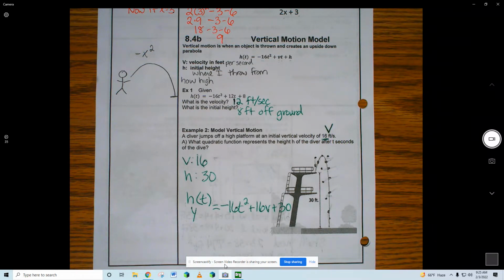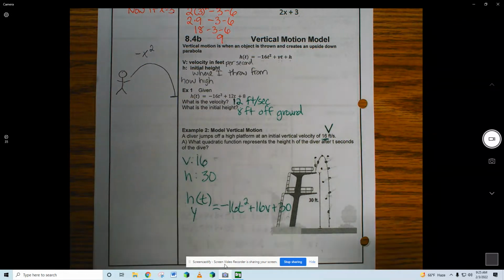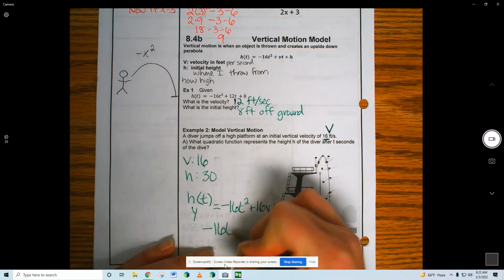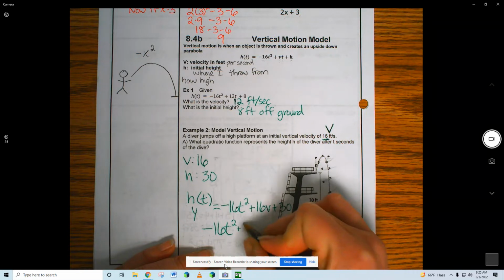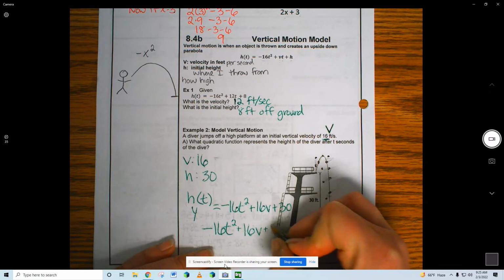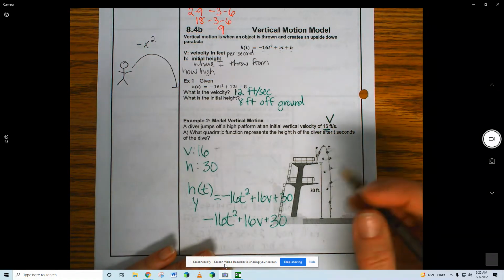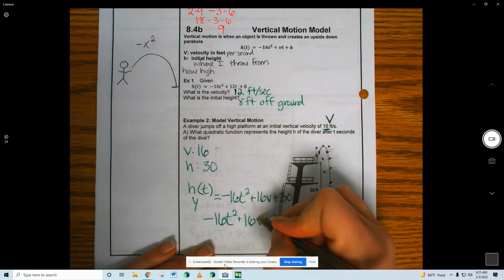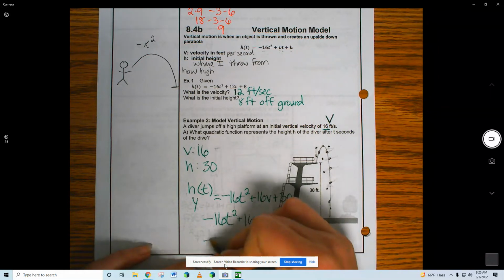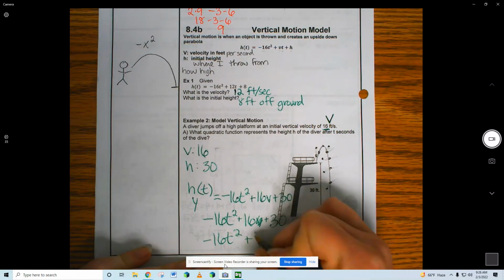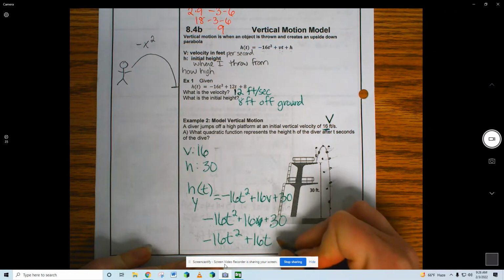Okay. I'm sorry. Let me curve my T's. It's a plus sign. Negative 16t squared plus 16v plus 30. Is that better? No, that's what she's saying. When you're replacing the velocity, you need to lose the v and keep the t. Of course I do. Oh my gosh. Okay. Negative 16t squared plus 16t plus 30.